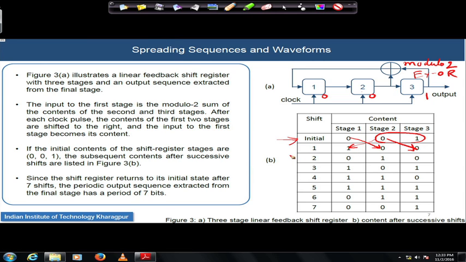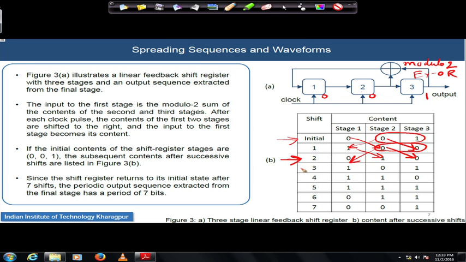That was the arrival of the first clock pulse. When the second clock pulse came, you now have the value 0 in stage 2, so it is shifted to stage 3, the value of stage 1 is shifted to stage 2, and the XOR of both zeros yields 0, which is stored here.